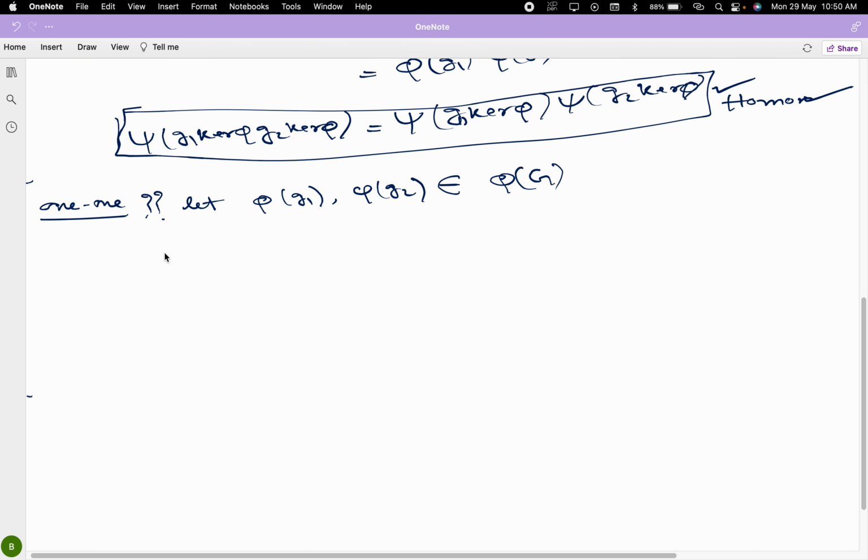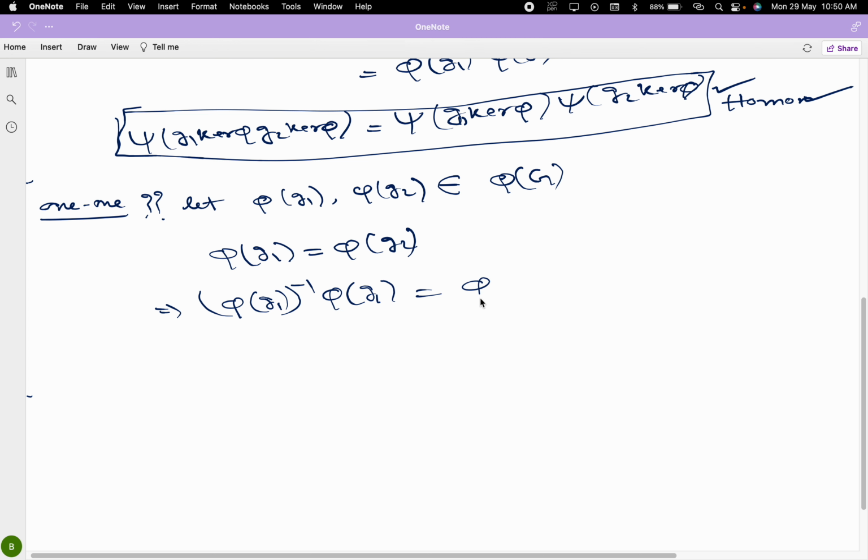Okay, so one-one: let phi of g1 equal phi of g2. This means that we operate phi of g1 inverse: phi of g1 inverse times phi of g1 is equal to phi of g1 inverse times phi of g2.